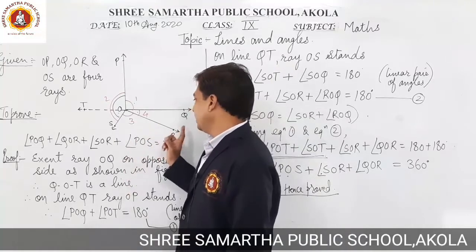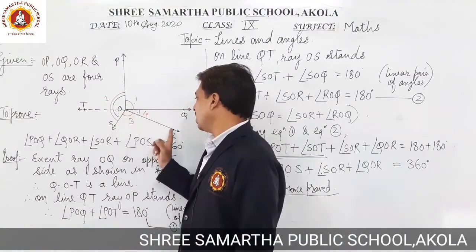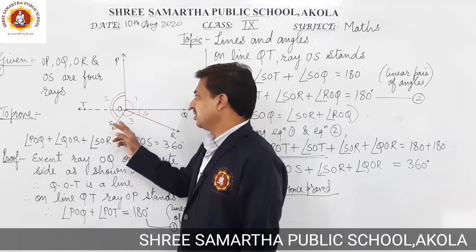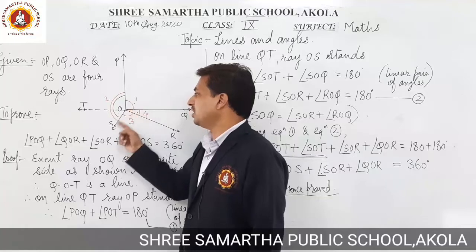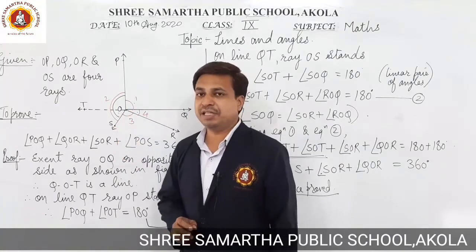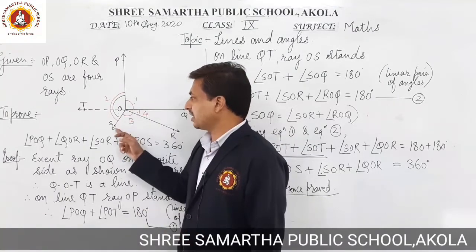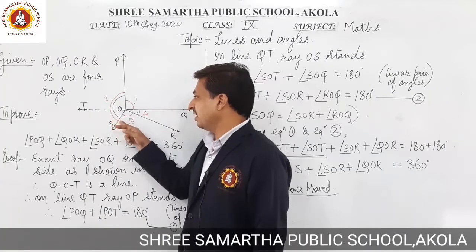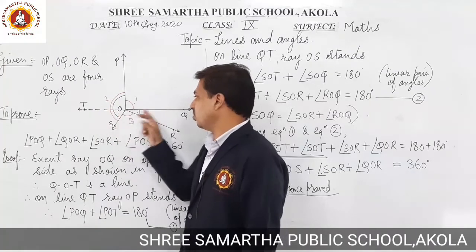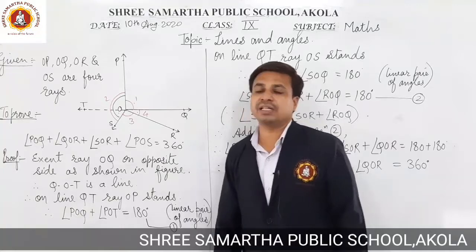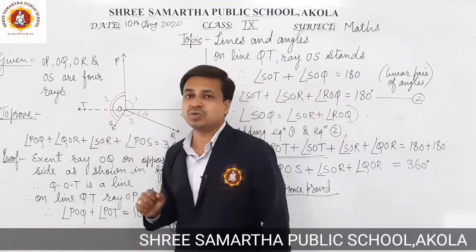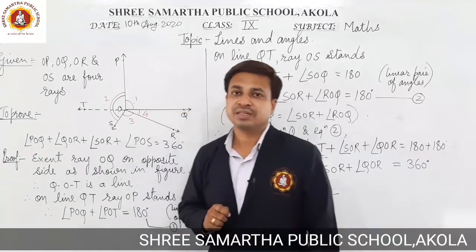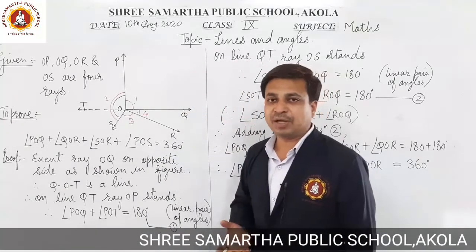Then angle QOR plus SOR, and consider now, suppose this QT is again a straight line, on this OS this ray will stand. If this ray OS stands, then the sum of SOT and SOQ, the sum of these 2 angles will be 180 degrees, a linear pair of angles.